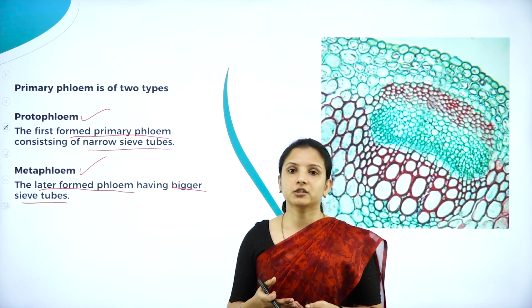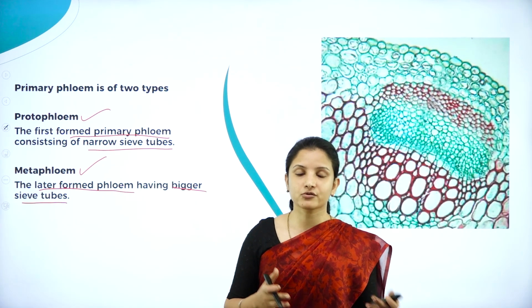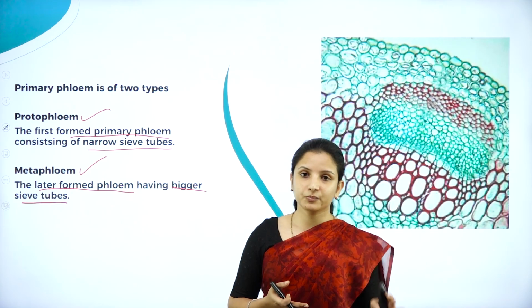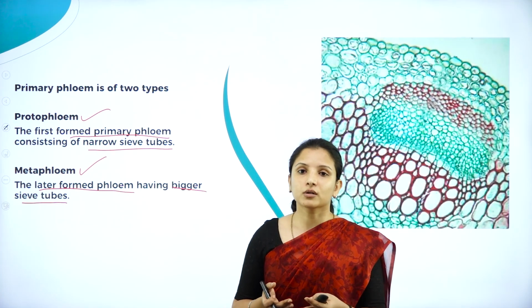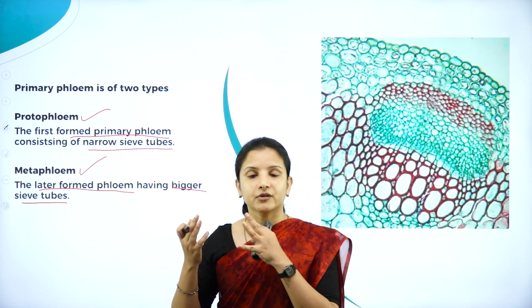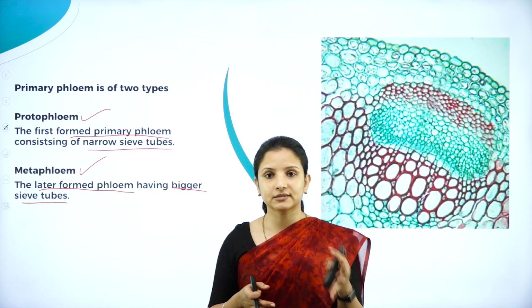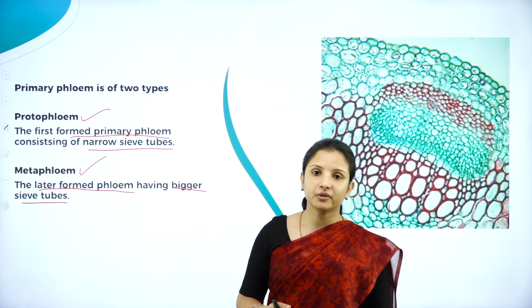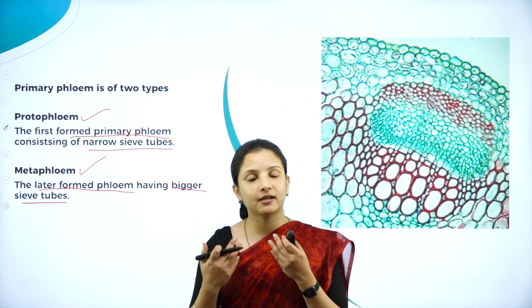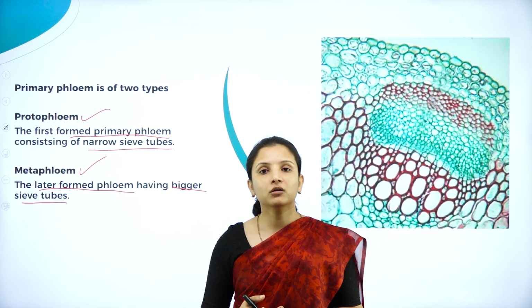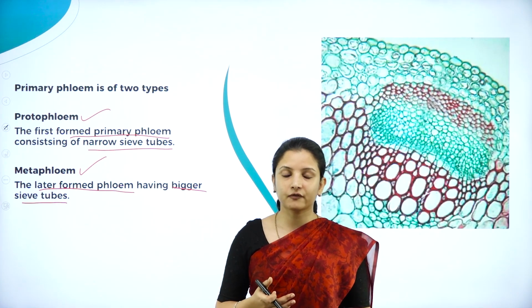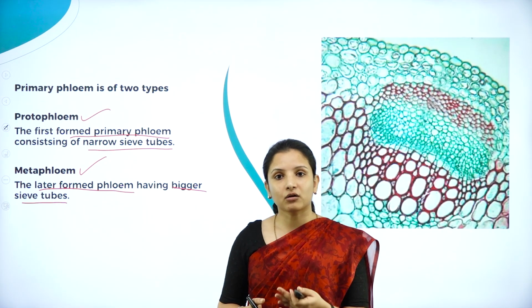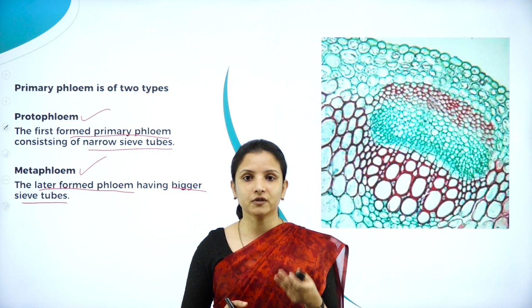In these permanent tissues, again, there are the simple tissues and the complex tissues. The simple tissues are parenchyma, collenchyma and sclerenchyma, and the complex permanent tissues are the xylem and the phloem. In the xylem, we studied the primary xylem, and in the phloem, we studied the primary phloem, and also the elements of the xylem and the elements of the phloem.